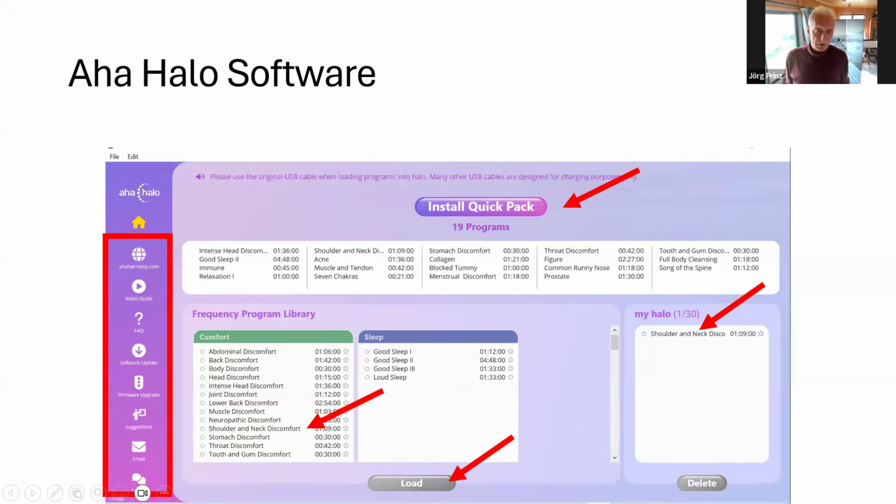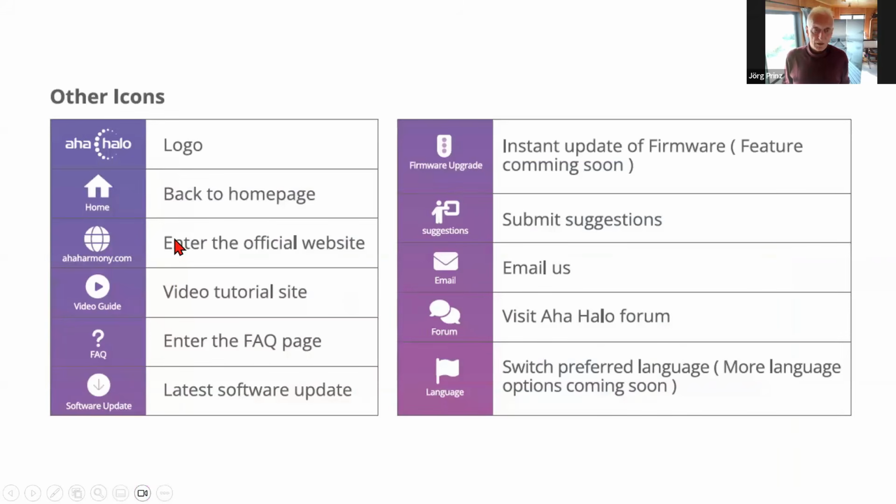These buttons here in the software are useful to go to the website or to a video tutorial site. You can enter the frequently asked question page. Then on this side, you can get the latest software update or a firmware update.